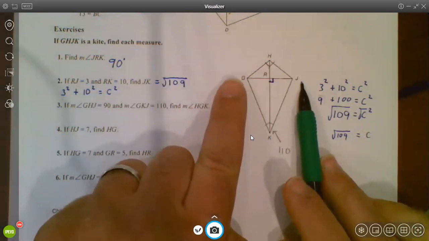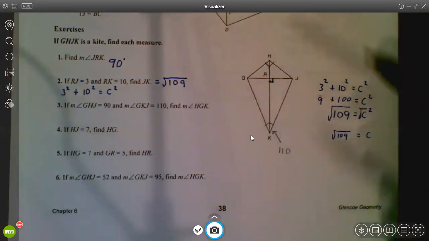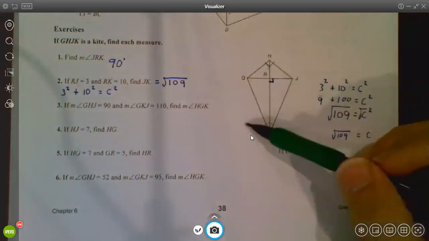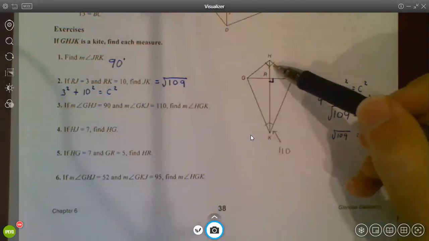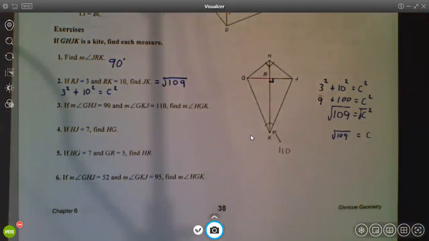So we know that G is congruent to J. Those are congruent angles. The other thing we need to remember is something I mentioned first. For any 4-sided shape, what do all 4 angles add up to? Always 360. So I know that that guy plus 90 plus that guy plus 110 has to equal 360.